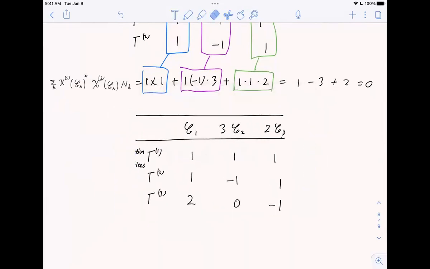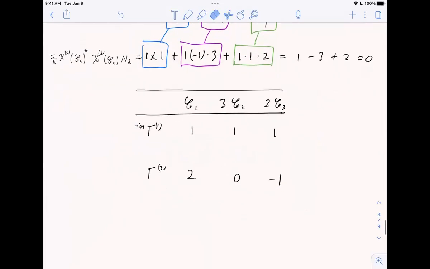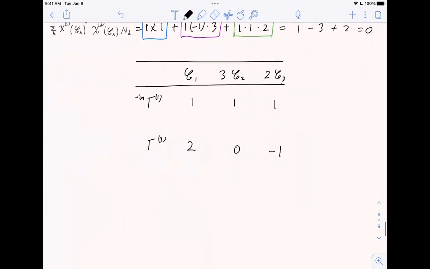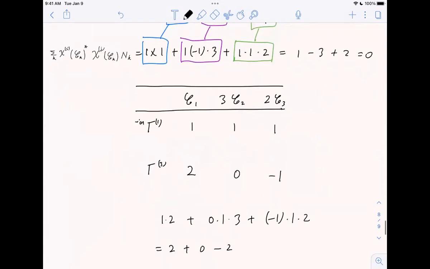So now let's compare these 2. If you compare these 2, then you get something similar. 1 times 2 plus 0 times 1 times 3 plus -1 times 1 times 2. So you get 2 plus 0 minus 2. You get 0. Okay?